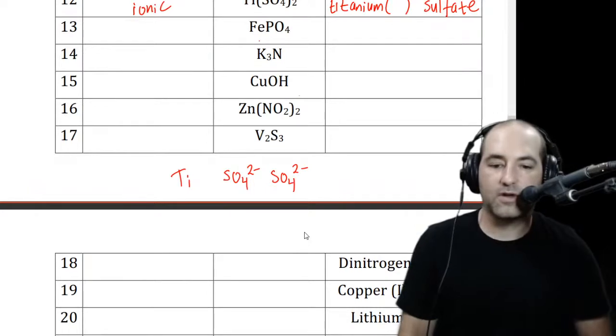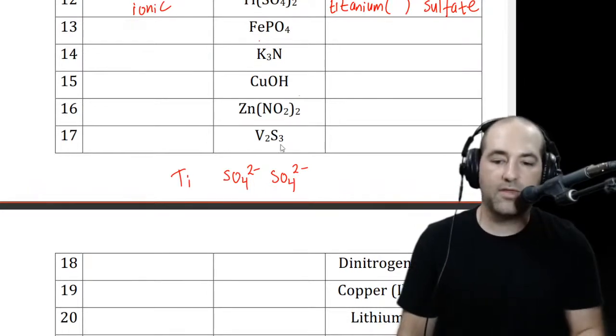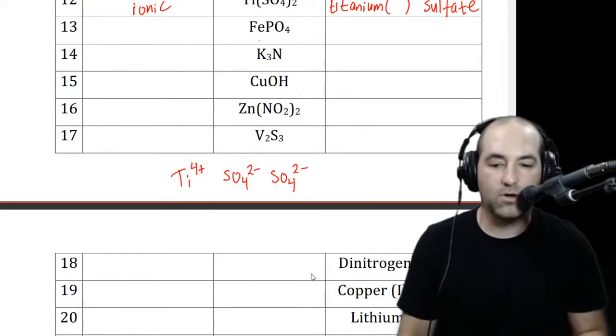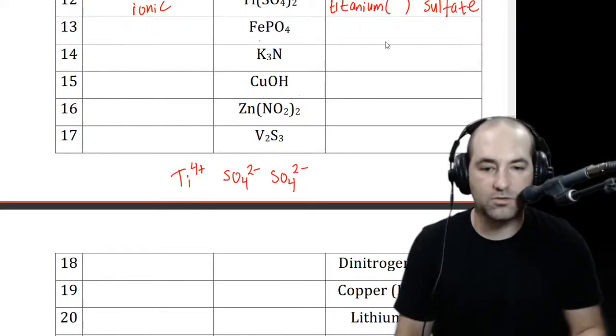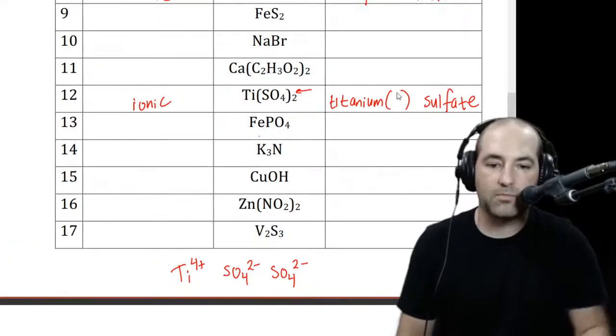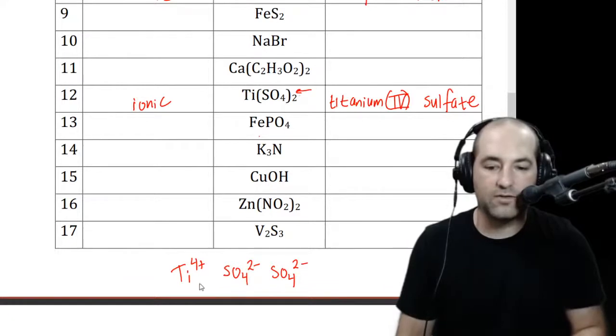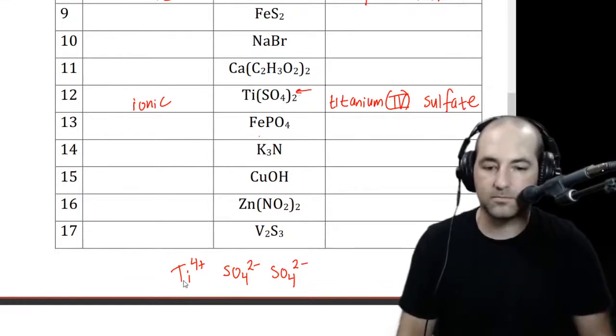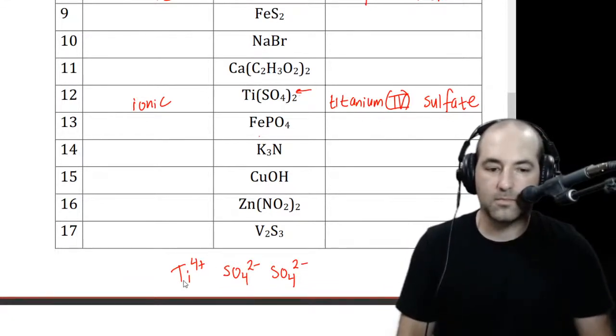So both of those sulfates in the formula are -2. And then that tells me that my charge on titanium has to be +4 to balance out the 2 -2s. So to finish my name here, in the parentheses, I'm going to put a 4 because we've determined that the titanium ion in this compound needs to have a charge of +4. All right. And that's how you do that.